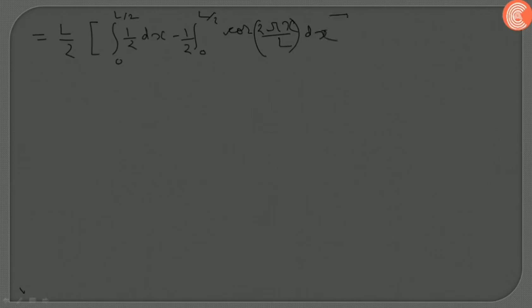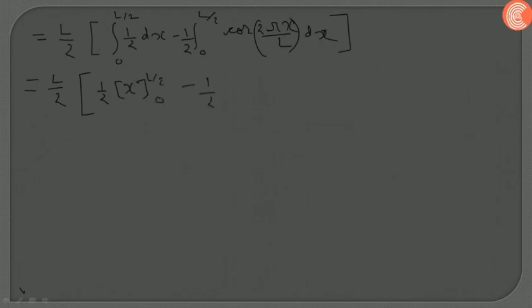Now let's integrate. So L by 2. If we integrate this, then it will become x, and we have to put the limit also. So the limit is basically L by 2 to 0.